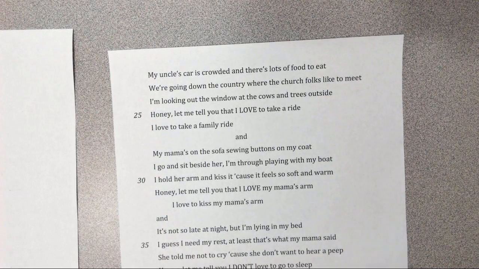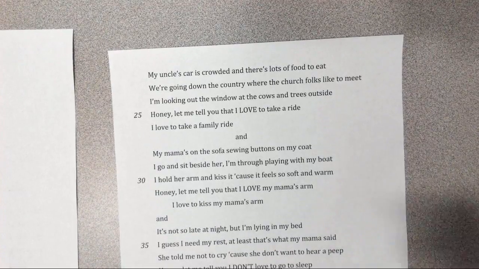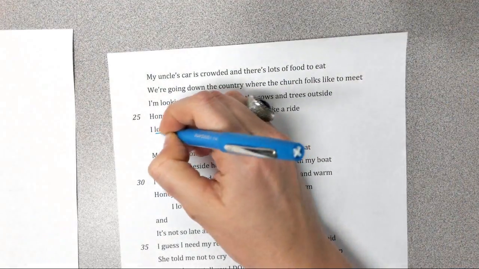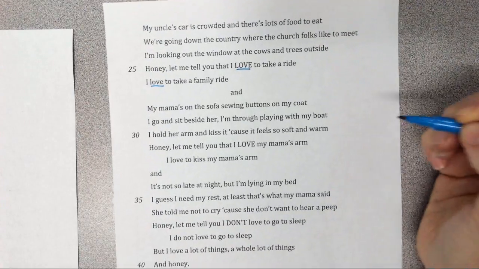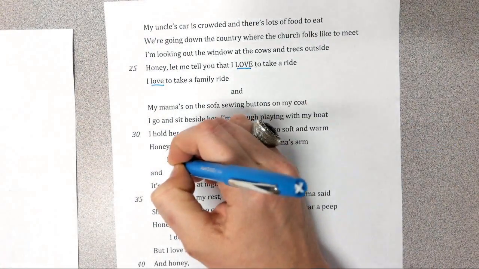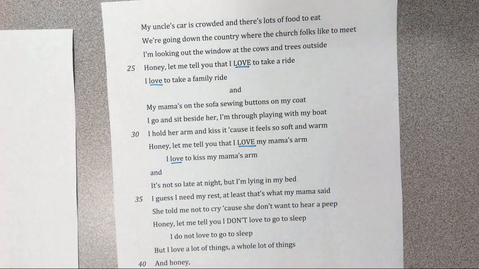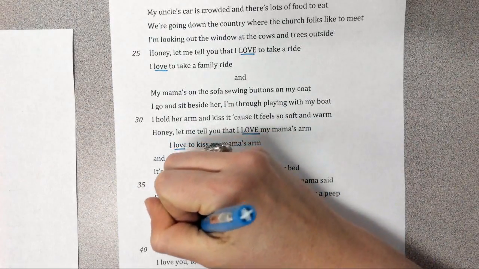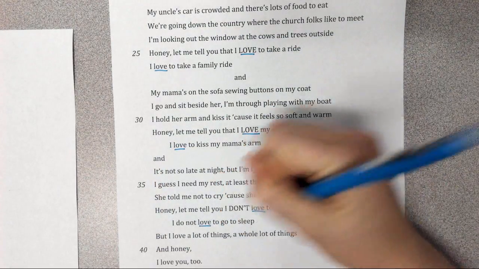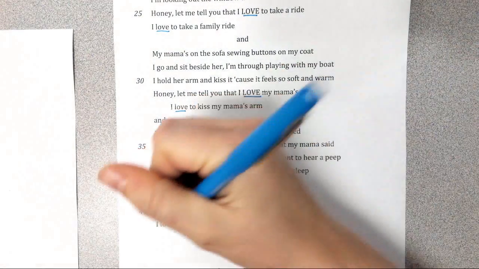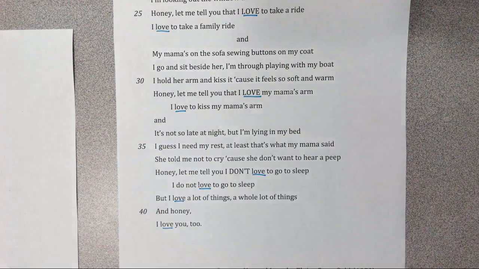I see it again, in line 25 and 26, in line 31 and 32, and again in lines 37, 38, 39 and 41.